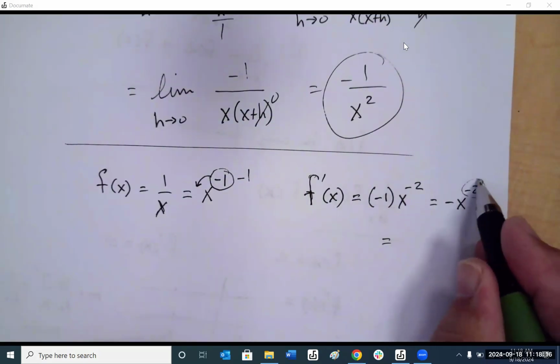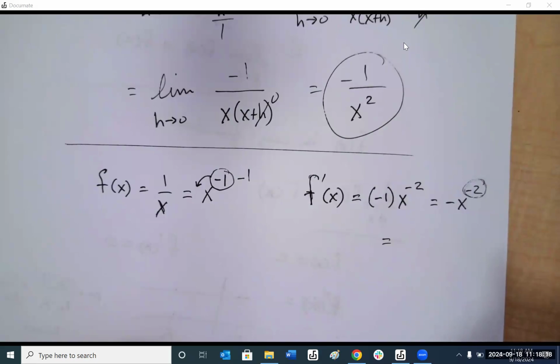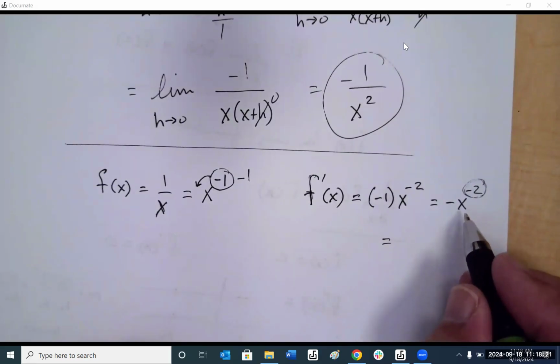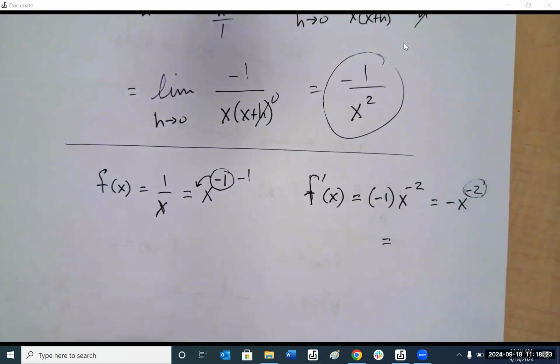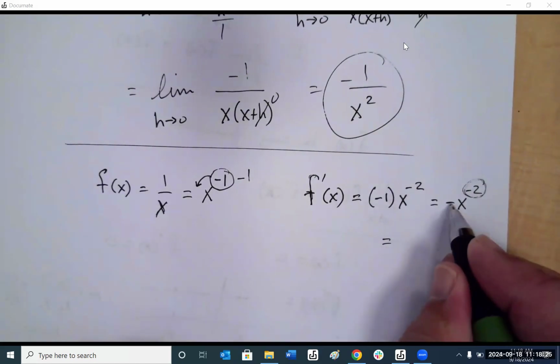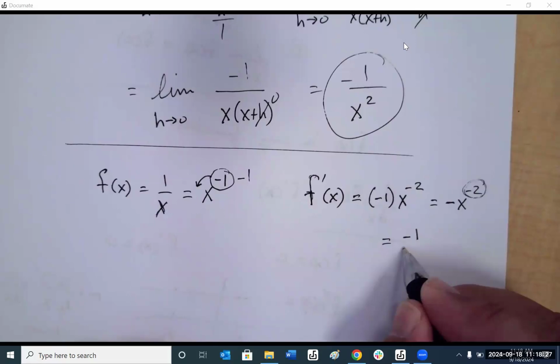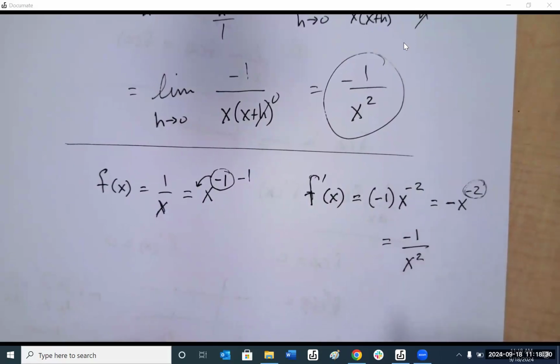What does this mean? It means I put it on the bottom now. So on top, I have the negative 1 over x squared.